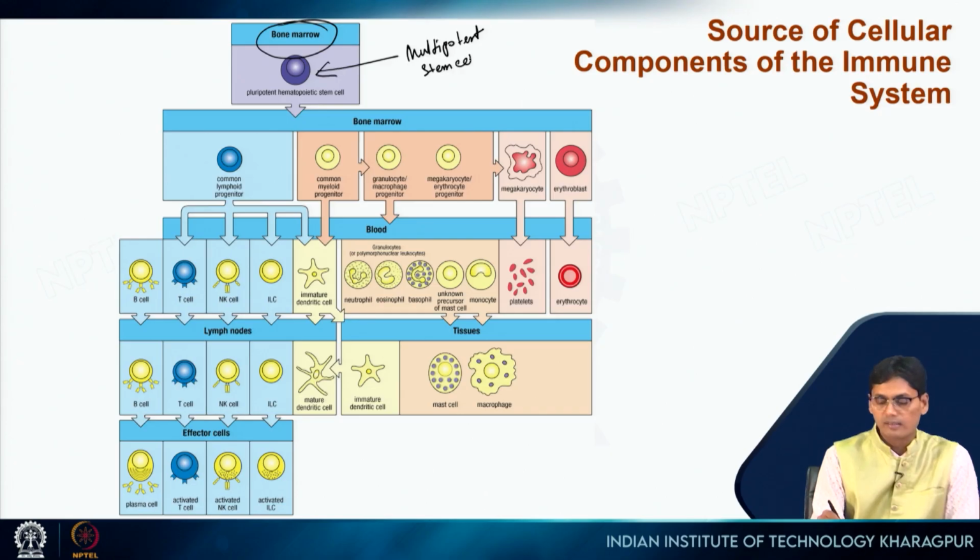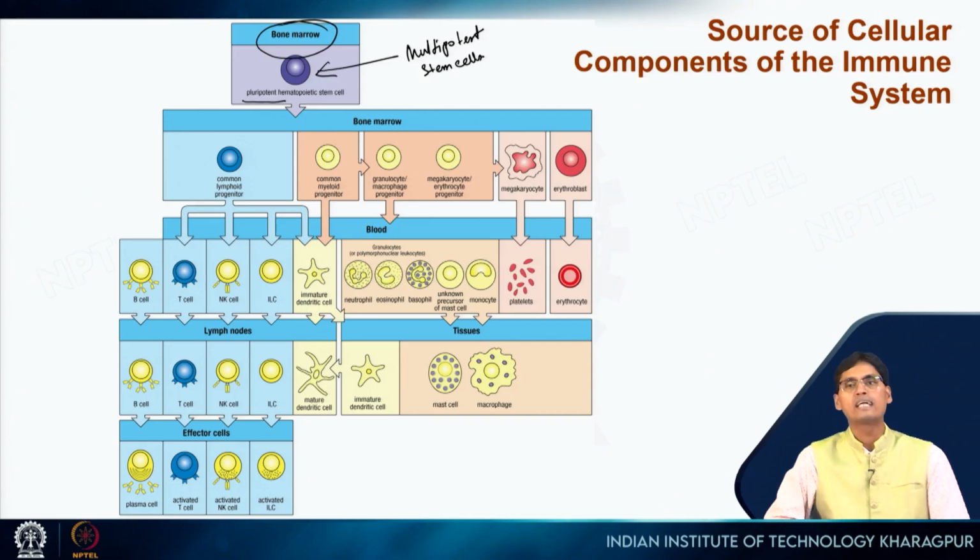Although here it is mentioned as pluripotent, as I mentioned before, pluripotent generally refers to cells which can give rise to all cell types present in our body. For example, the zygote or the very early stage of division, those cells have the potential to make anything in our body. So, in the true sense, those are the pluripotent cells.